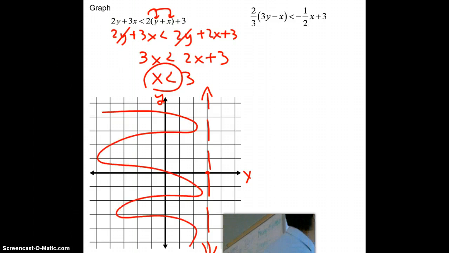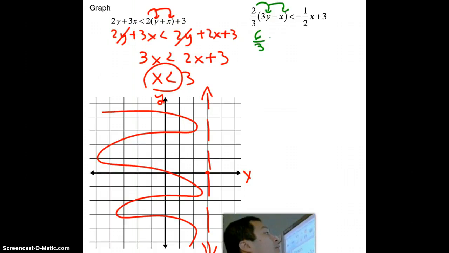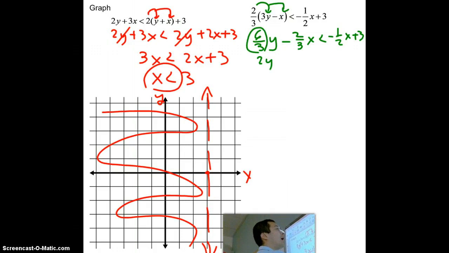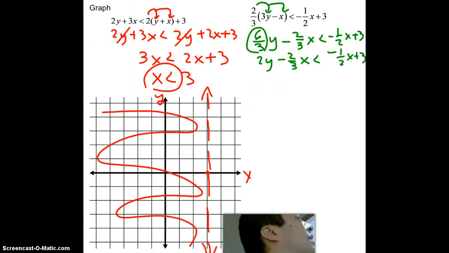Alright, one more time. Over here, real quickly. Distribute, distribute. 2 times 3 is 6 over 3y minus 2 over 3x less than negative 1/2 x plus 3. Simplify that. That becomes 2y minus 2/3 x less than negative 1/2 x plus 3.